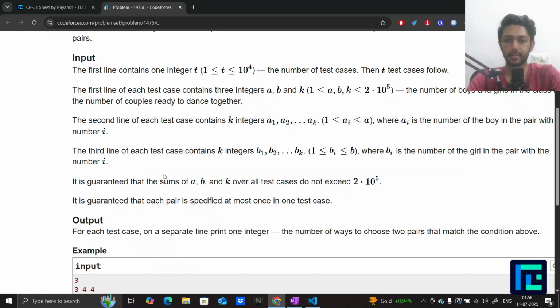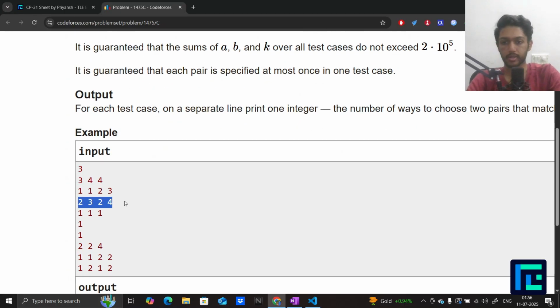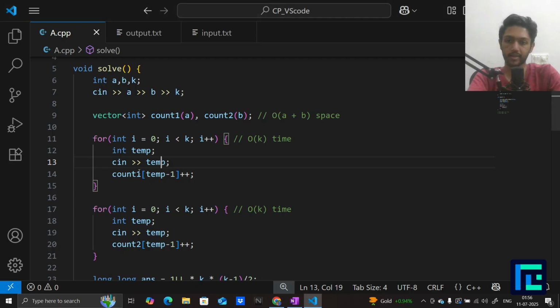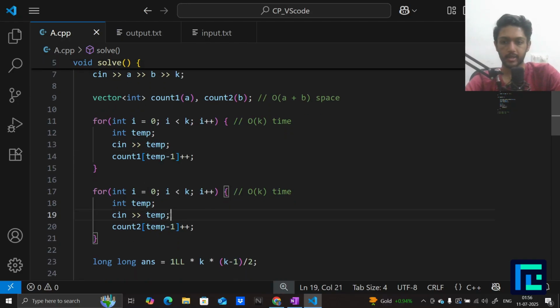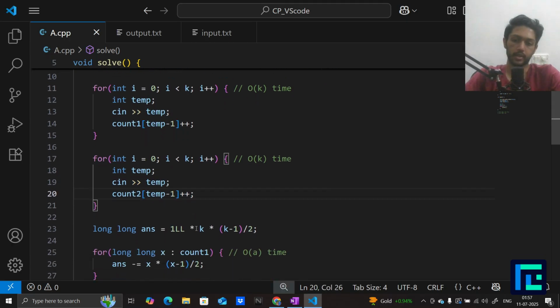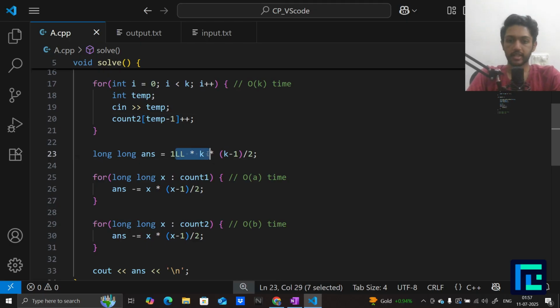In the input they have given first the list of all boys and the corresponding list of girls. So I'm doing cin temp, then the index of the boy, and just increment its count, right? And minus 1 because of 0 indexing. And similarly for the girls also, I'll do int temp, cin temp, count2 of temp minus 1, plus plus. And then I'll initialize the answer with kc2, that is k into k minus 1 by 2.